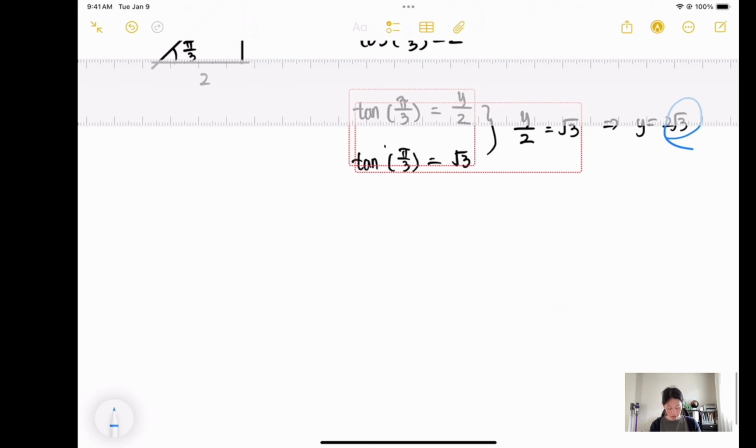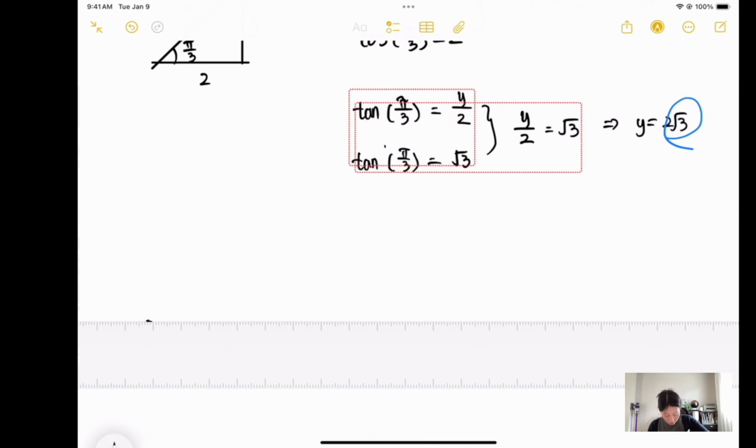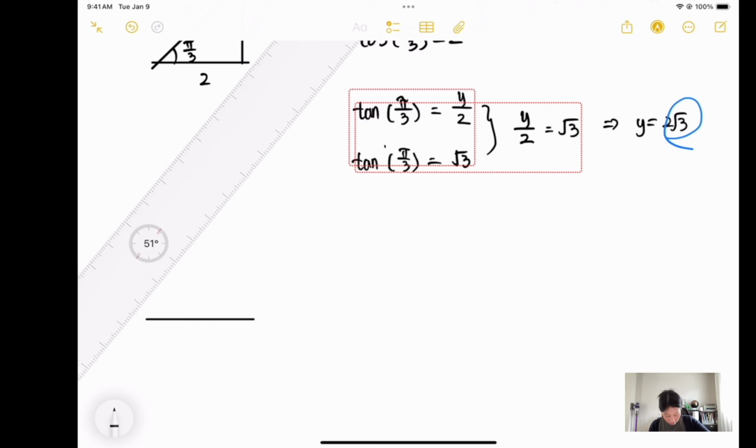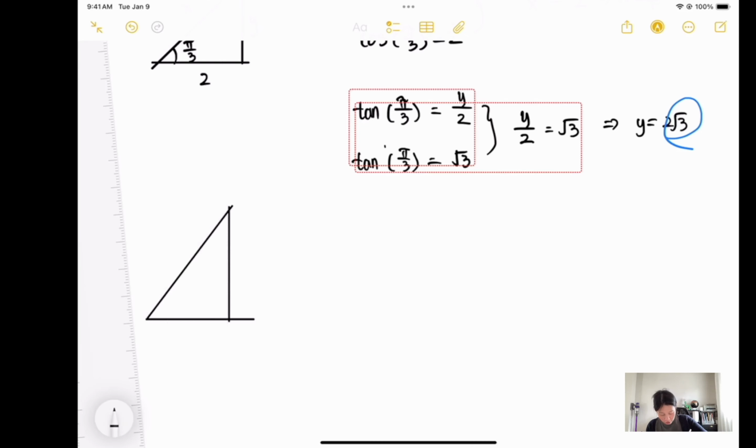Okay, the next one is, what if this is not a special angle, such as in a triangle like this? This is x, y, 3, and this is 15 degrees. How do we solve it?